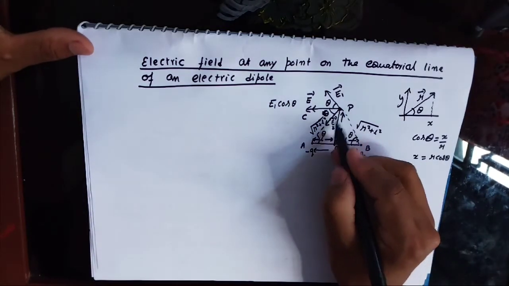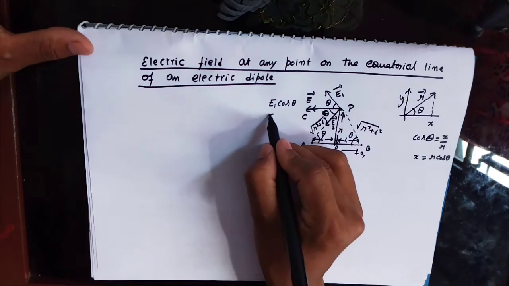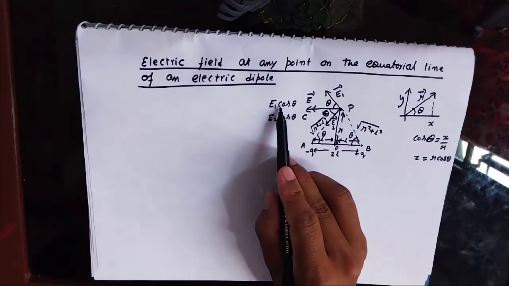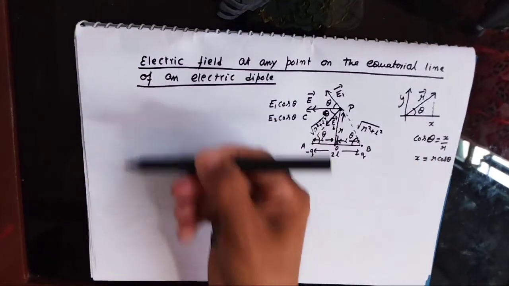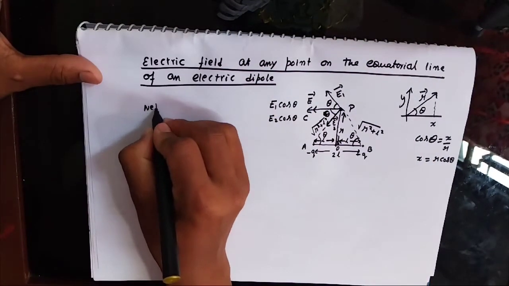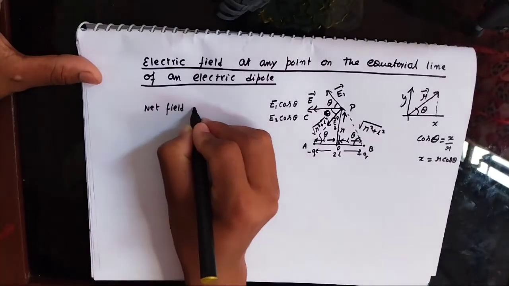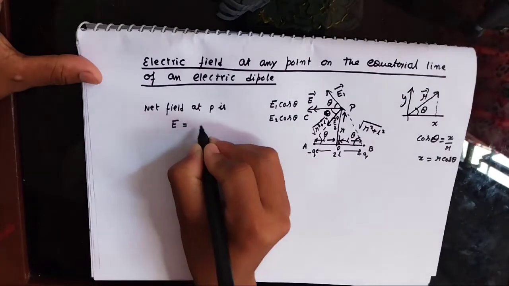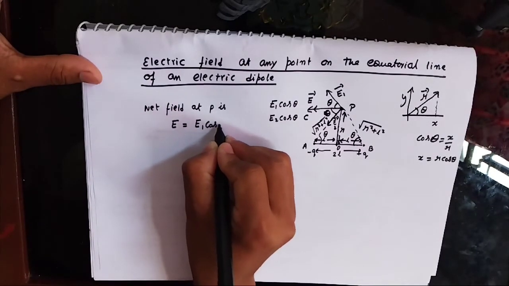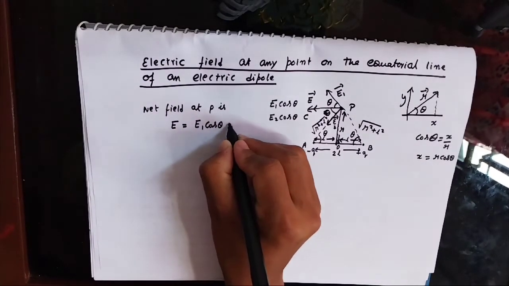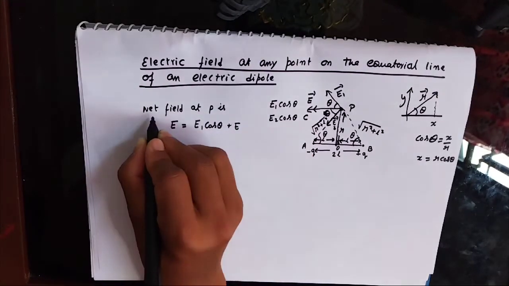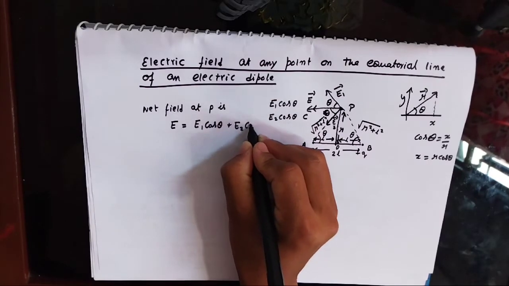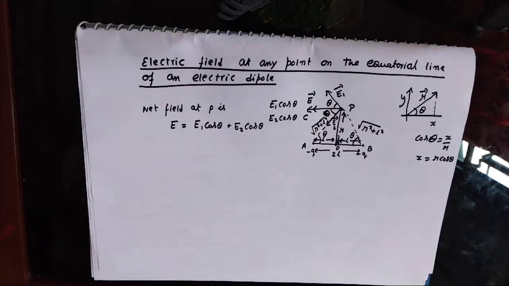What is the component of E2 along PC? It will be E2 cos theta. So E1 cos theta and E2 cos theta are in this direction. Therefore, the net field at P is E, which is equal to E1 cos theta plus E2 cos theta.